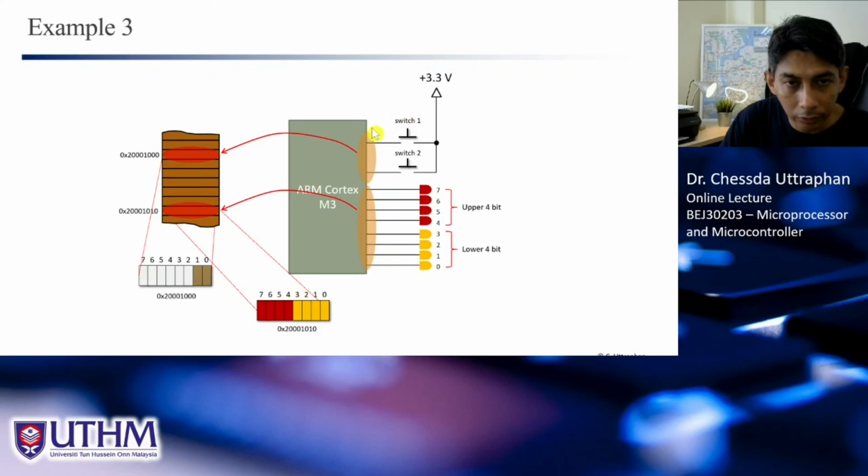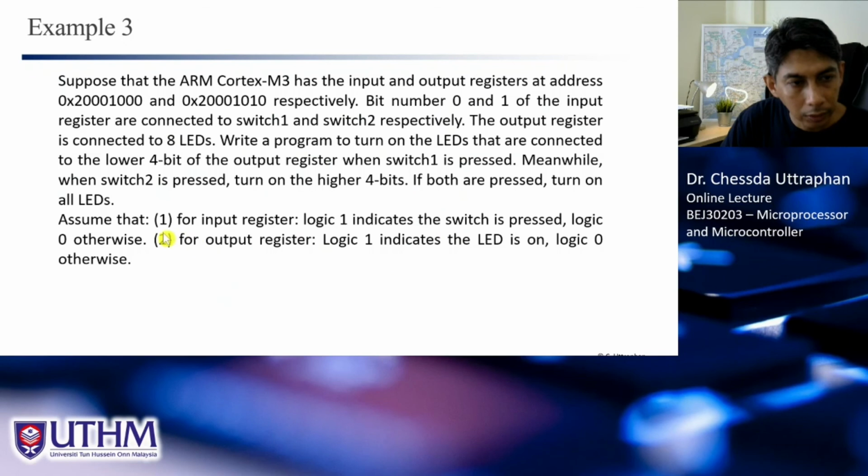Now we want to write the program such that if switch number 1 is pressed, this LED will turn on. The condition of the switch is represented by bit number 0 and bit number 1. For the input register, logic 1 indicates that the switch is pressed, and logic 0 means it is not pressed.